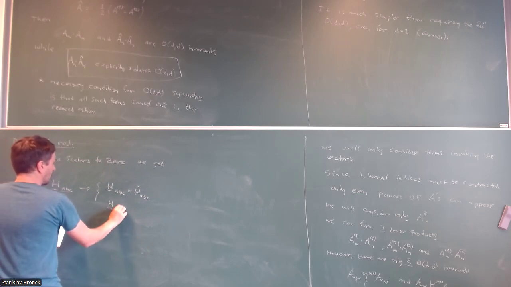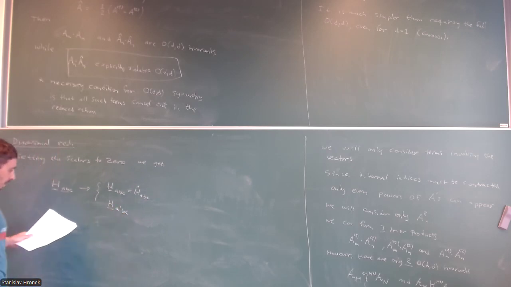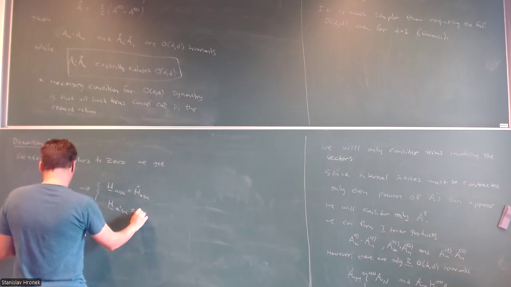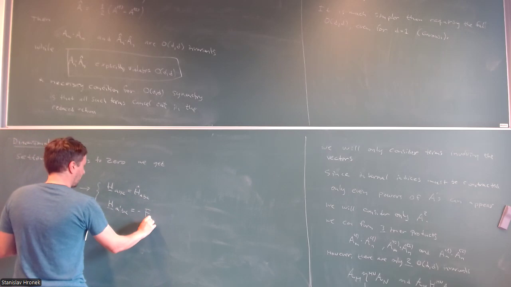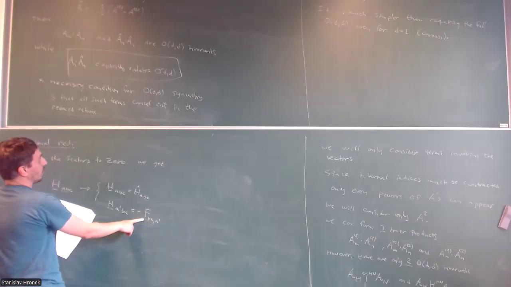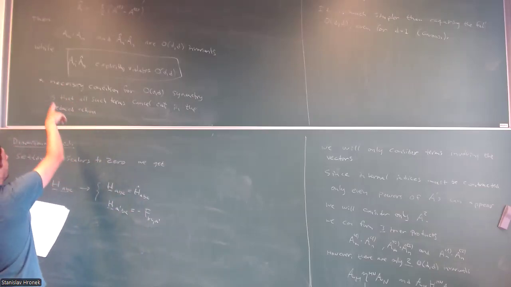But we can also have a component with one internal index, and that turns out to give minus F prime. This is the field strength of the A that we find.